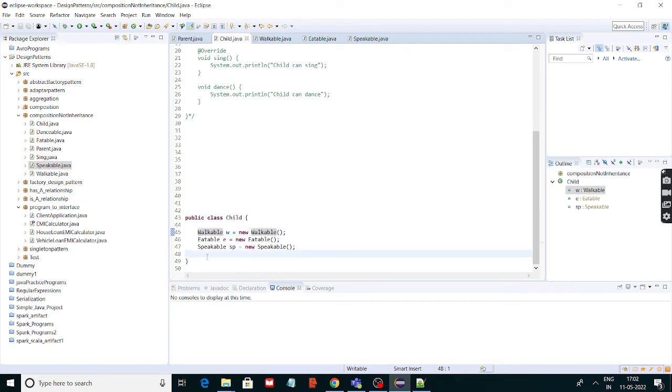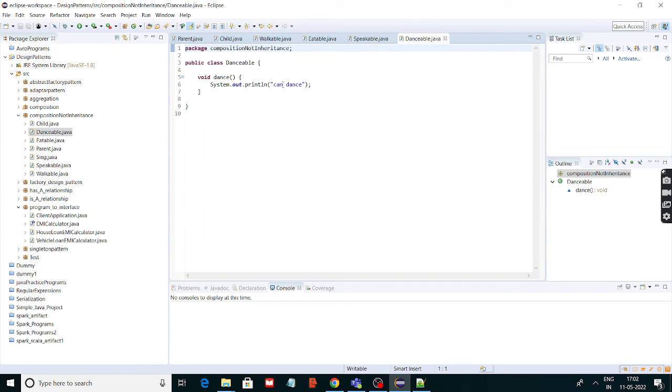Similarly, in the inheritance we also saw that the child wants to learn dancing. It simply adds that. And we have this class as well, danceable, and we have a method called dance.